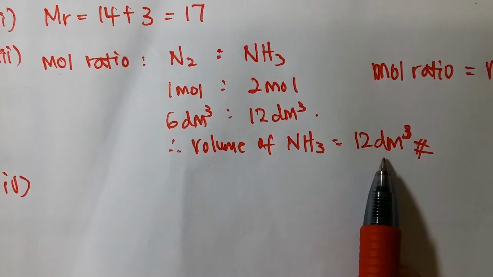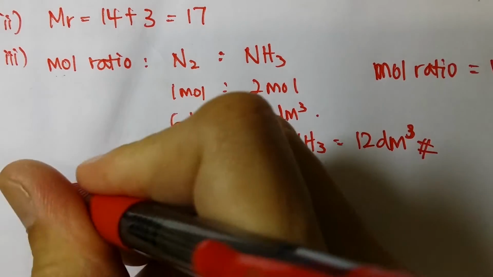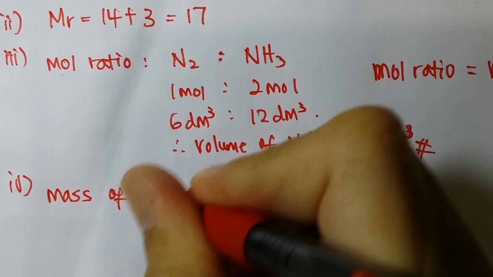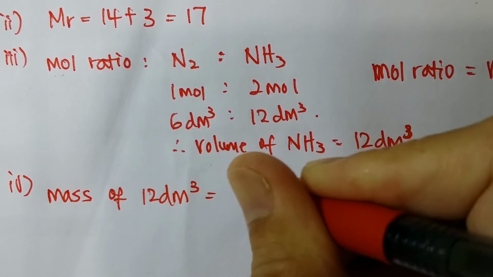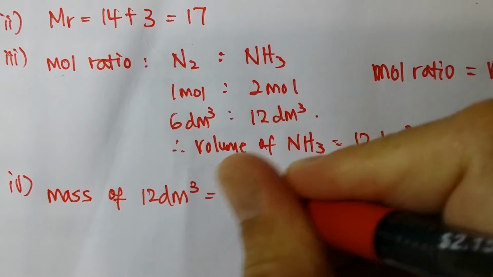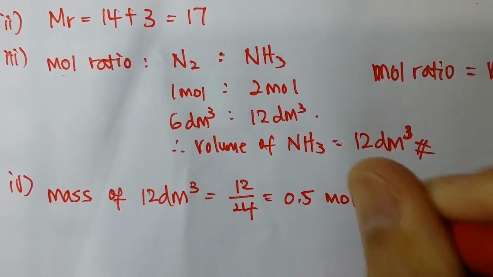But from the volume you can change it to mole. 1 mole of any gas occupies volume of 24 dm cube. So 12 dm cube would be 12 over 24, which is 0.5 mole.